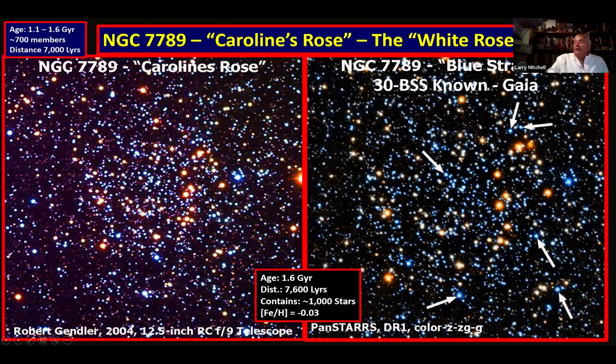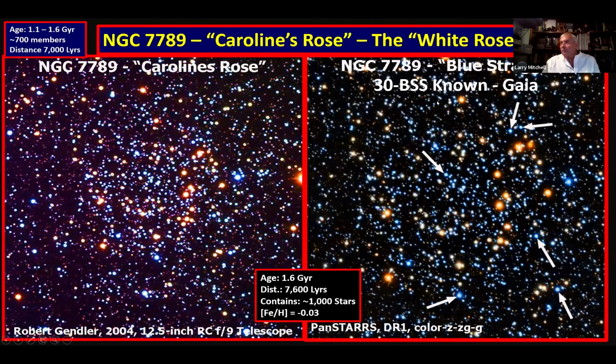because it has a type of star known as a blue straggler. And I have marked some of these blue straggler stars. These stars are 12th and 13th magnitude. They're not faint. They're not difficult to see, but they're interesting.